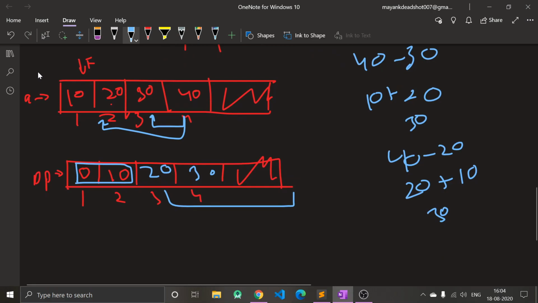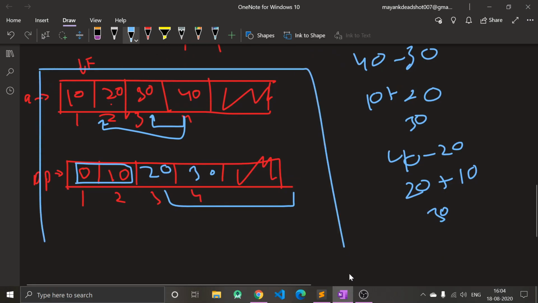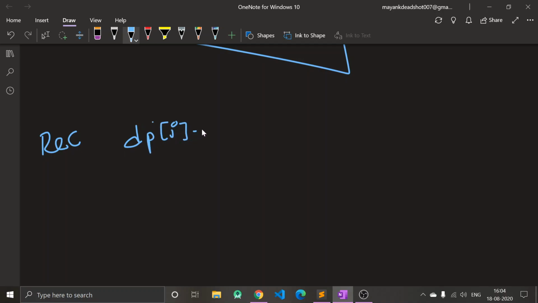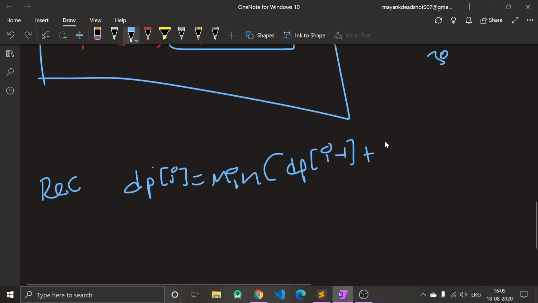So what will be the recurrence, okay. From now we have seen the procedure to solve this problem. So dp of i, the ith value of dp, will be the minimum of dp of i minus 1 plus abs of h of i minus h of j.